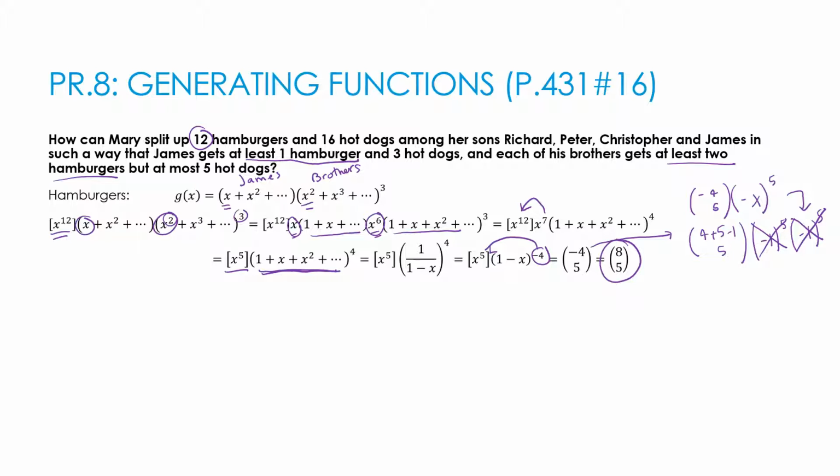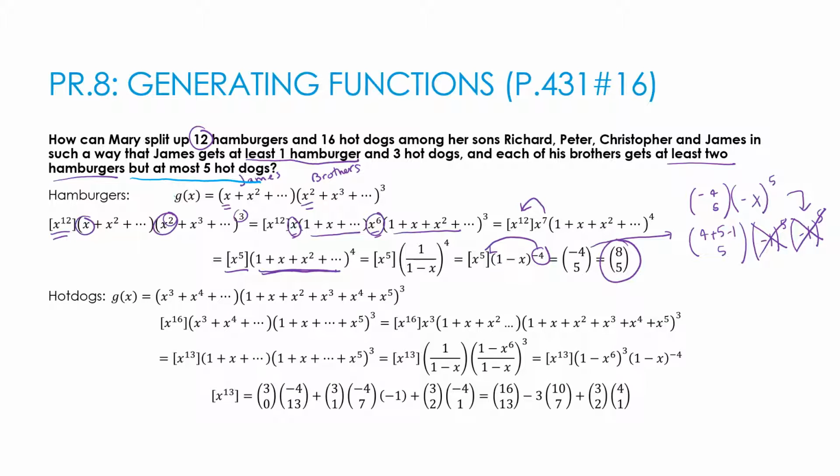Now let's look at hot dogs. Again, hot dogs is going to be set up like our second example we did, because the brothers get at most 5 hot dogs, so there is going to be an endpoint there. So for hot dogs, James gets at least 3 hot dogs, so 3 or more with no endpoint in sight.